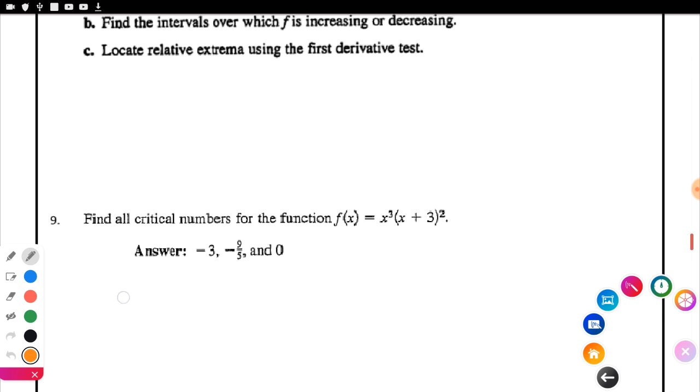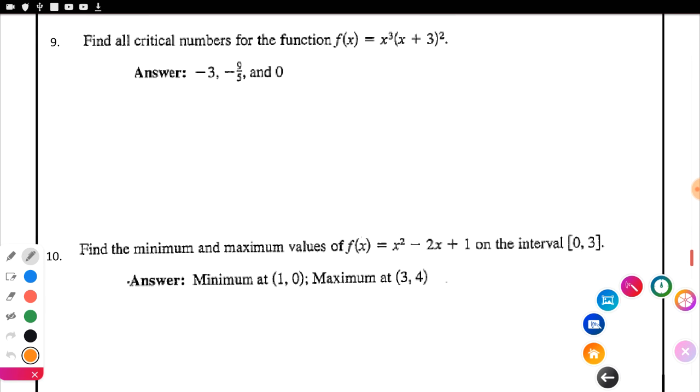Now, this question is so trivial. How to find the critical numbers for the function f(x) equal x to the power 3 plus x. So trivial. Use the general power rule and apply the product rule.